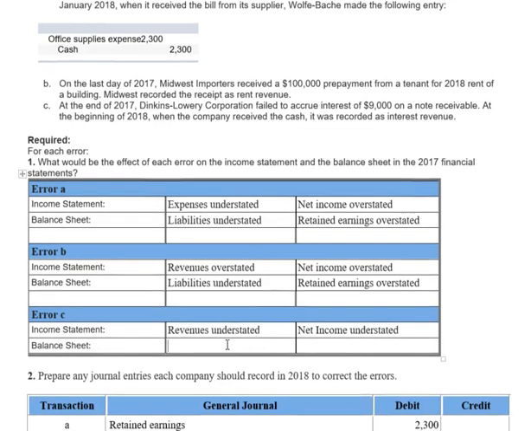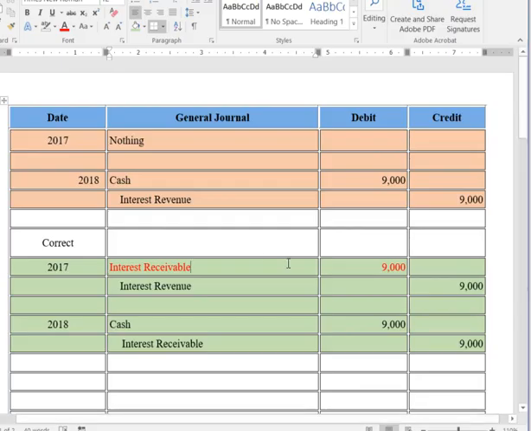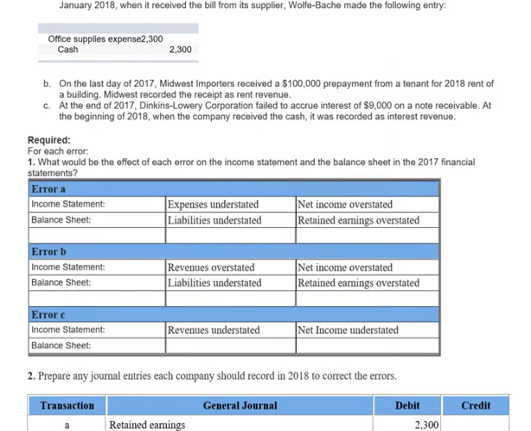What else? Well, what else did we miss? So let's go back to my journals there. What else did we miss? Well, in 2017, notice we should have had a receivable on our books. What type of account is receivable? Well, receivable is an asset, so let's just drag that off to the side. So that means our assets were understated as well.